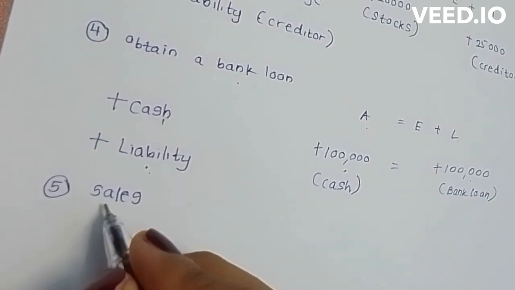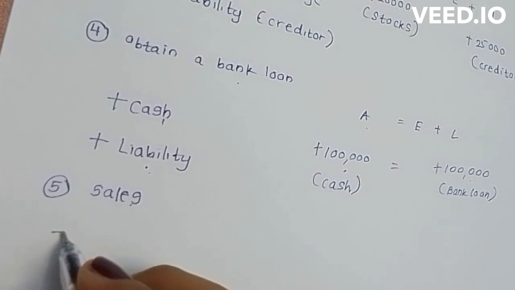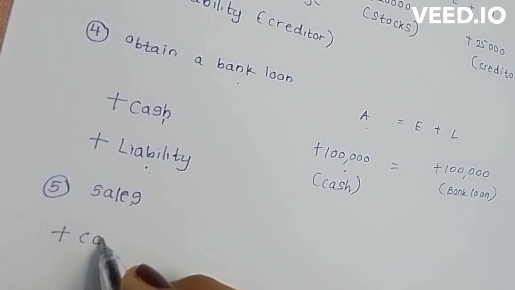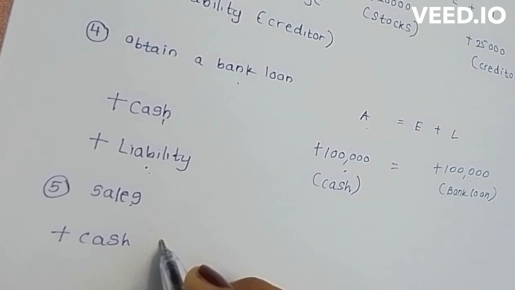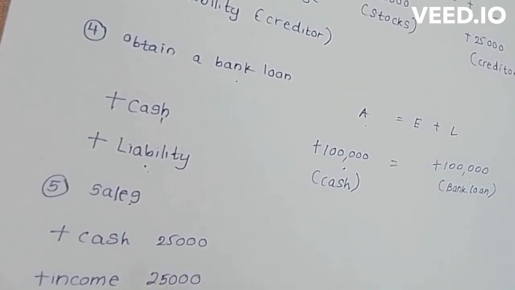Now what will happen? When we sell something, we are getting cash to the business. Cash 25,000. And then sales, we are getting an income of 25,000.